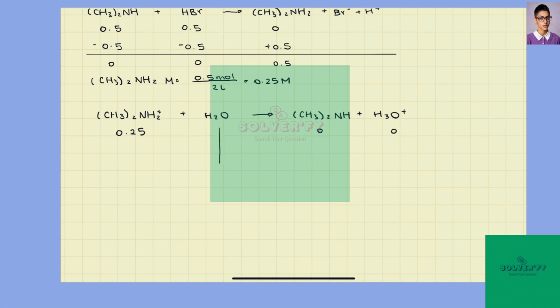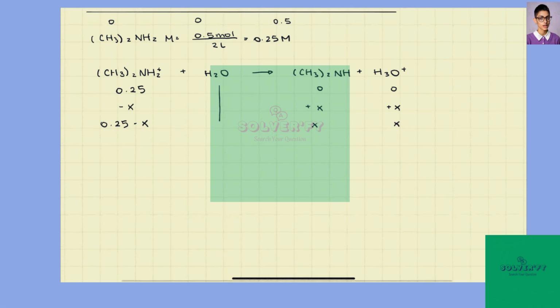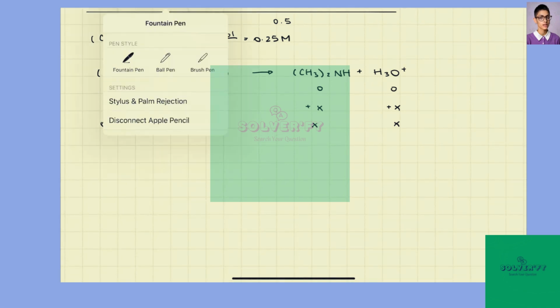We will disregard our water, and we know we have 0.25 molarity of (CH3)2NH2+. Our change is x, which is our unknown, and this is our final change of molarity.